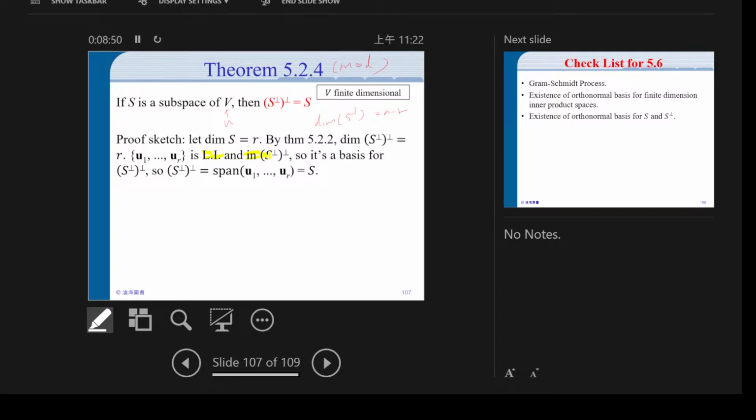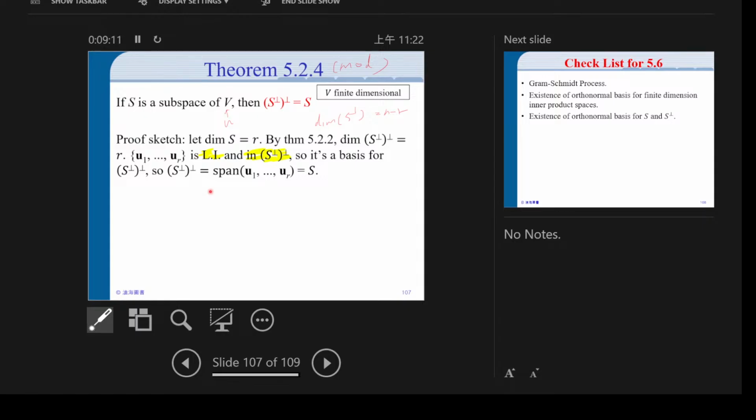So we have these two conditions. They are linearly independent, and inside the double perpendicular space, so it's a basis for it, and this has the same basis as S, and so it's the same space.